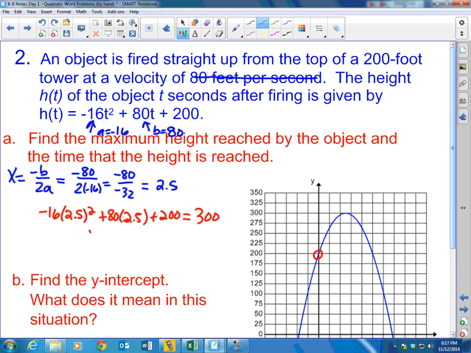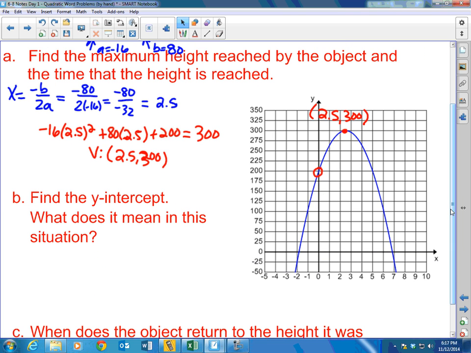Okay, that means that my vertex is at, sorry, not 300, 2.5 first, 2.5, 300. Okay, and you can see that point right here. Here's your vertex. You can see the coordinate is at 2.5 and 300. Okay, that is the highest that it is going to reach.